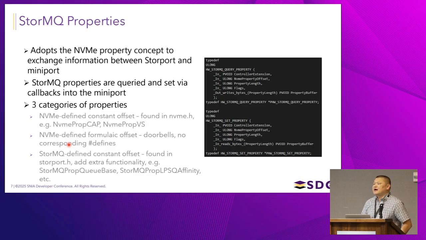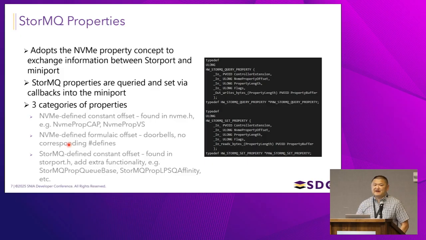In this new Store MQ model, there will be a need for us to exchange information between StorPort and the new Store MQ miniport. And the way we've chosen to do that information exchange is to adopt the NVMe property concept.